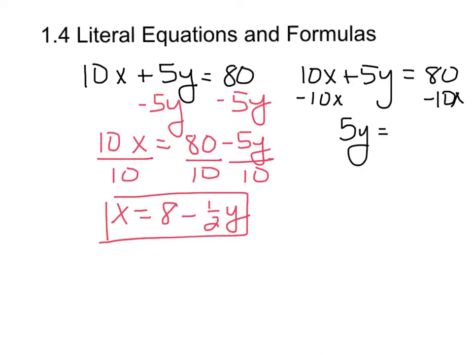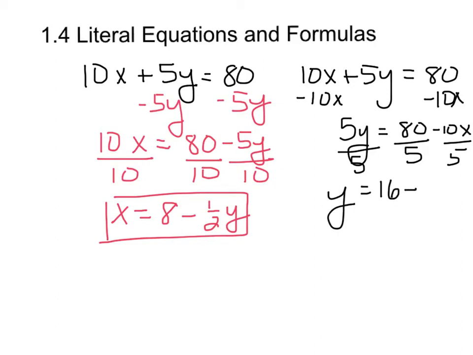Now this does not give us 80 minus 10, we don't get 70x. We're going to leave it as negative 10x plus 80, or 80 minus 10x. I then divide everything by 5. That would give us 80 divided by 5, which is 16, minus 10 divided by 5, which is 2x.